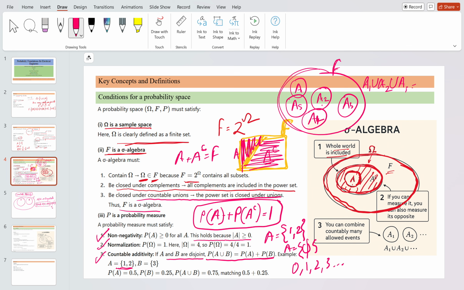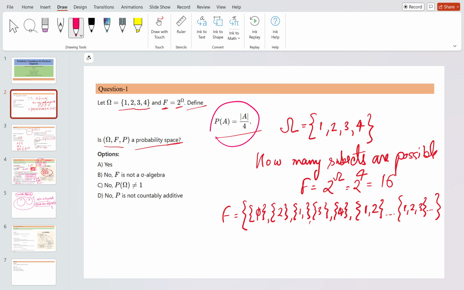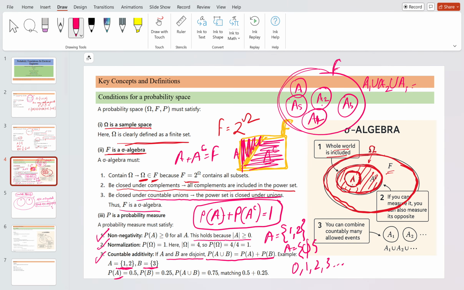If A has the elements 1 and 2, and B has the element 3, what is the probability of A? The probability of A is defined as mod of A by 4, where mod of A means the number of elements in A. The number of elements here is 2, so 2 divided by 4 is 0.5. B has 1 element, so the probability is 1 by 4, that is 0.25.